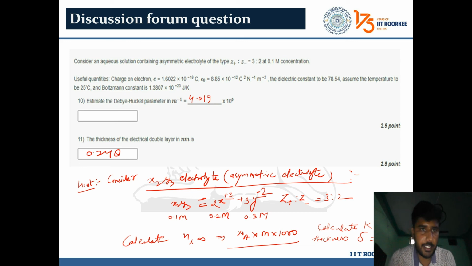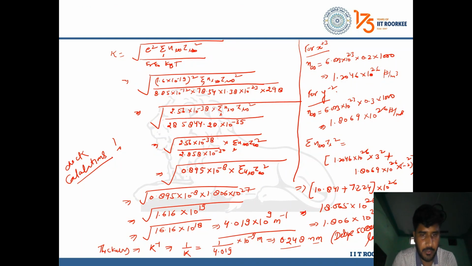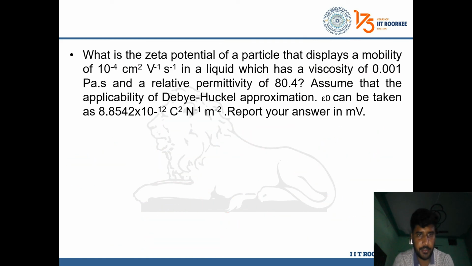If you do not have the formula of the asymmetric electrolyte, based on the z positive to z negative ratio, you have to construct the molecular formula, and after that you have to note the concentration of the individual ions. In the similar manner, you have to calculate the number density, and based on that you can calculate the kappa value, or whatever the question is demanding. You can calculate the electrical double layer thickness.